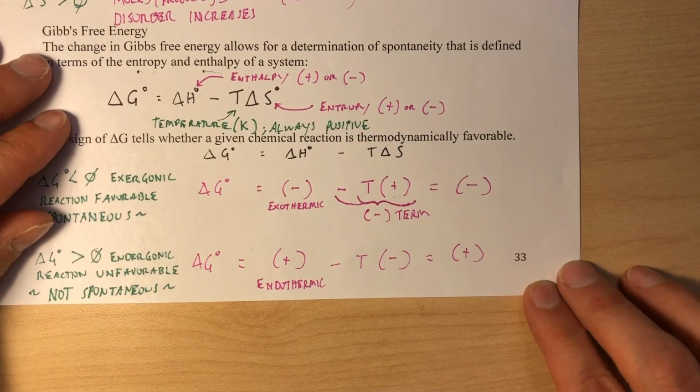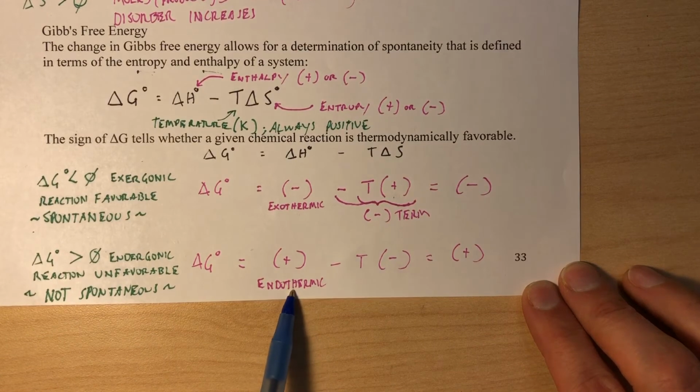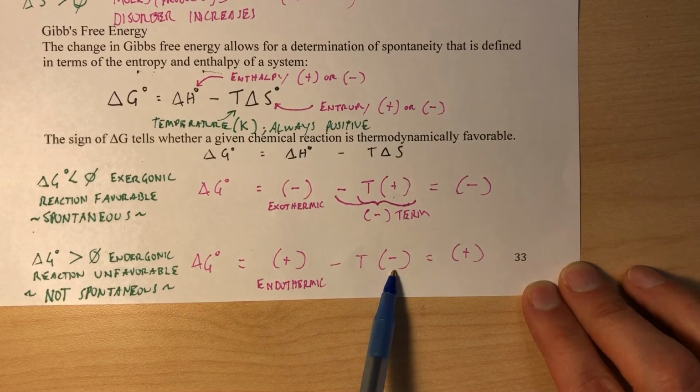On the other side, we could have a situation where we have a delta H that's plus, that's positive, that's endothermic, and we are creating a more ordered system. If disorder is decreasing, so if delta S is negative, then we are decreasing disorder, which is another way of saying we are increasing order.